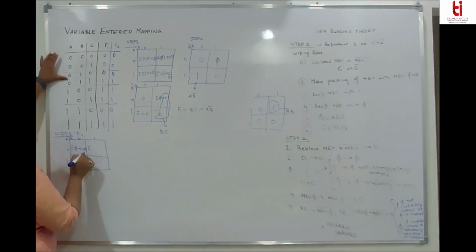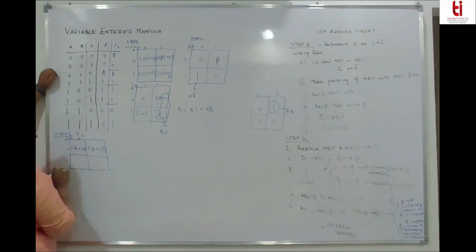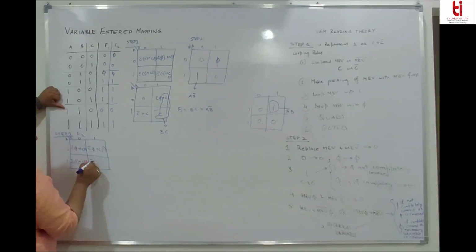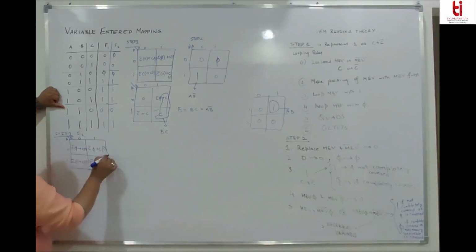For 0, 1, for C it is 5. For C bar it is 5, for C it is 1. Then for 1, 0 it is 1 for both. And for 1, 1 it is 0 for C bar and 1 for C. So what happens to this?